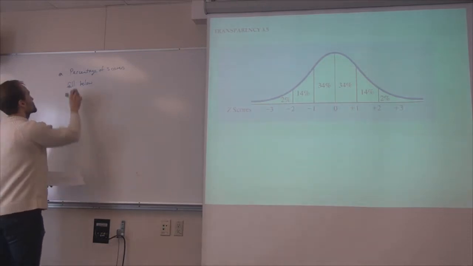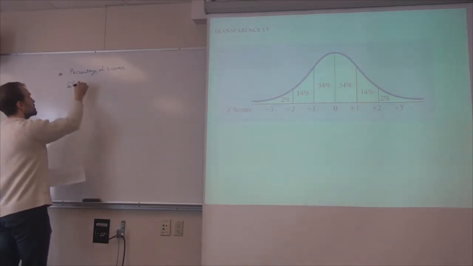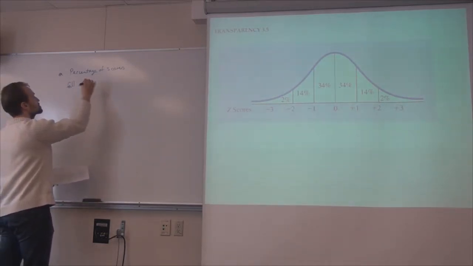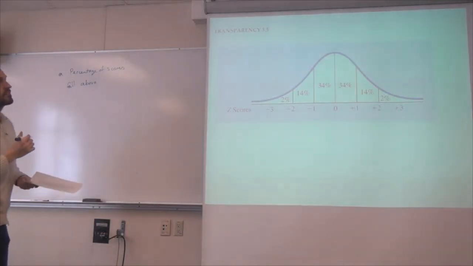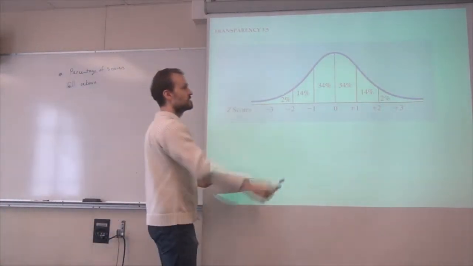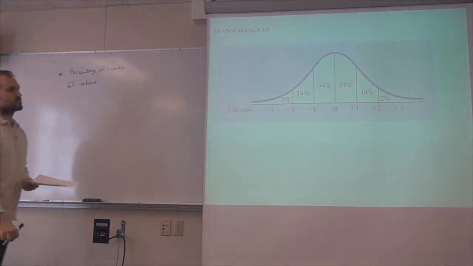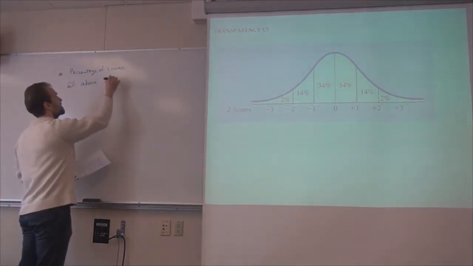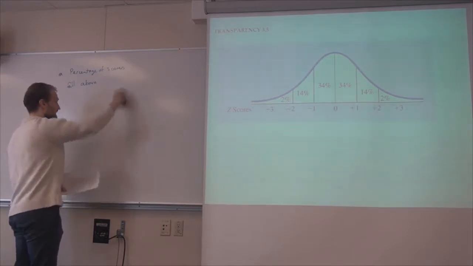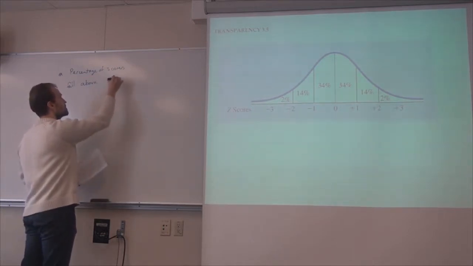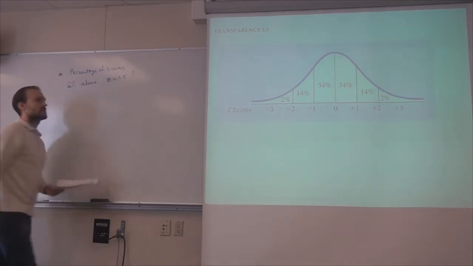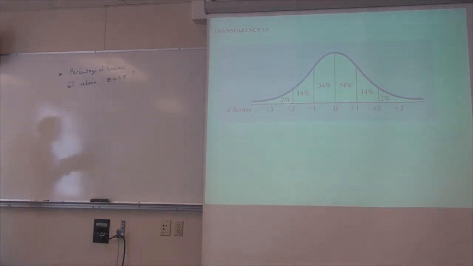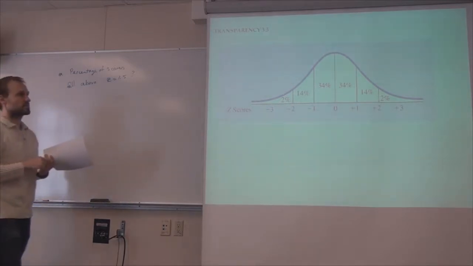Let's start with above, just to make it simple. What percentage of scores fall above? I don't pick 0, 1, 2, or 3, but what if I pick 1.5? Let's say Z equals 1.5. Now I can't use my 34-14-2 rule and expect my answer to be very accurate.